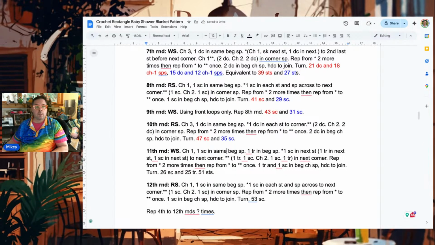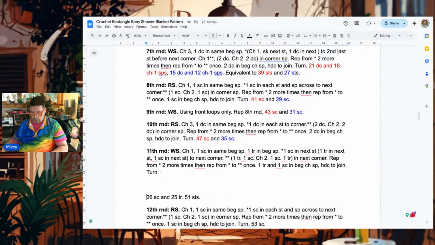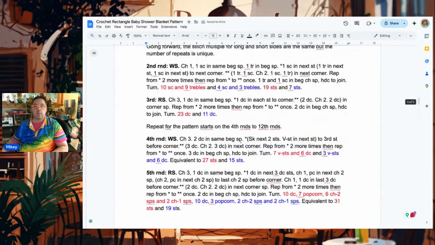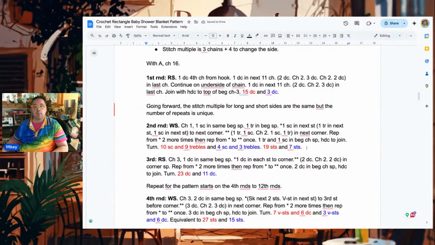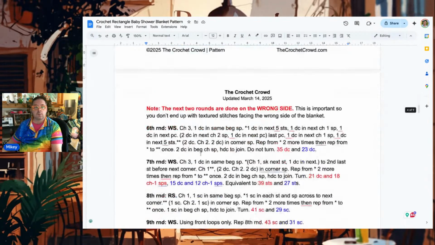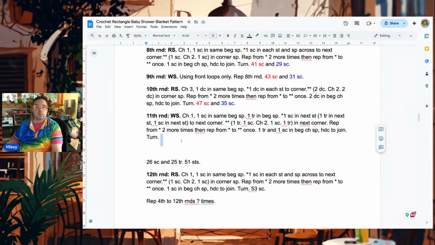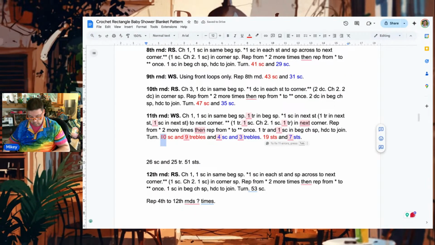Okay, so 26. Let's just get rid of this, guys. These are the trebles. How did we do the trebles before? So the 11th round.